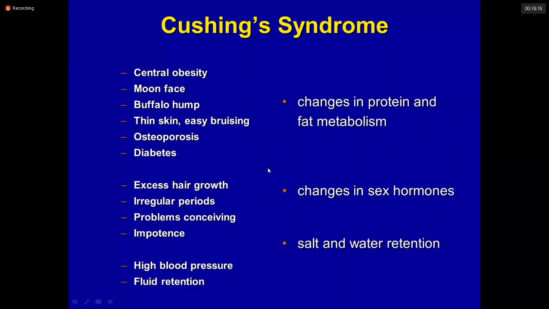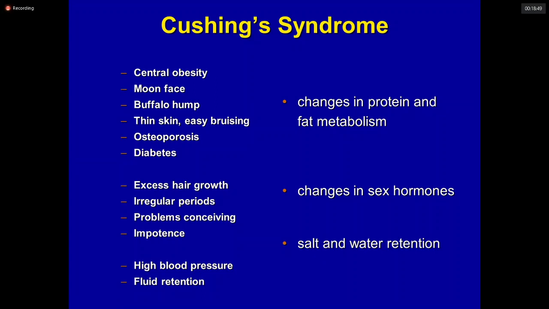And because of the activation of the different zona, which will be co-secreting androgens as well, there will be excess hair growth, irregular periods, because of disturbances between the estrogen and the androgen level, problems conceiving and impotence in men.